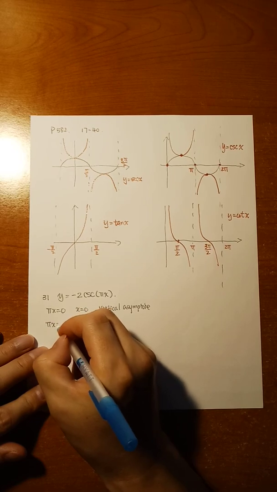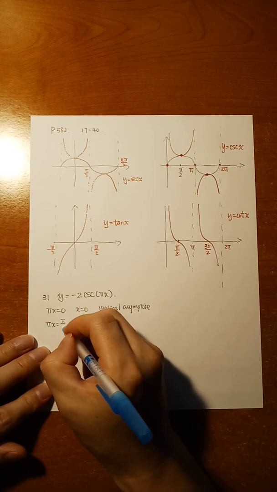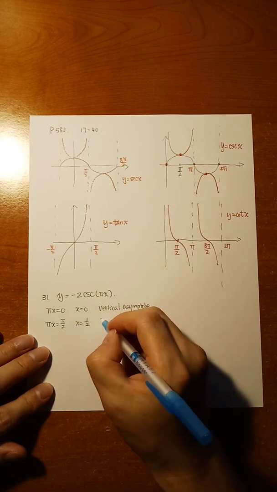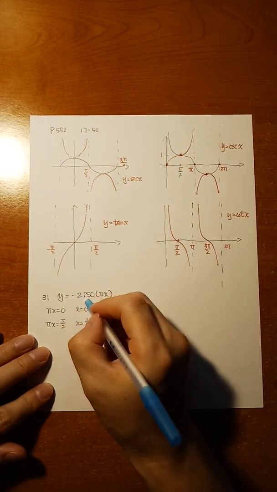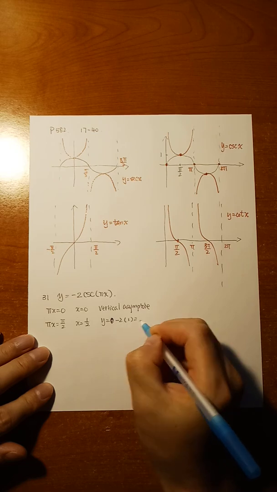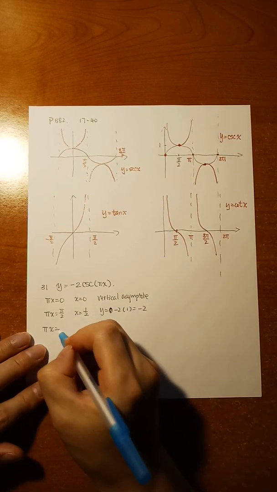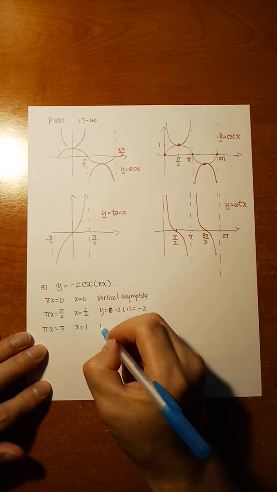When pi x is pi over 2, x is 1/2, then cosecant is 1. y is equal to 1 times negative 2. It's negative 2, okay? And when pi x is equal to pi, x is 1, it's a vertical asymptote.